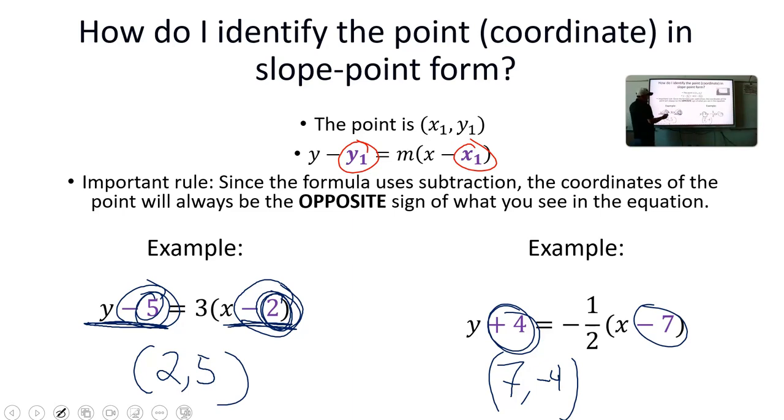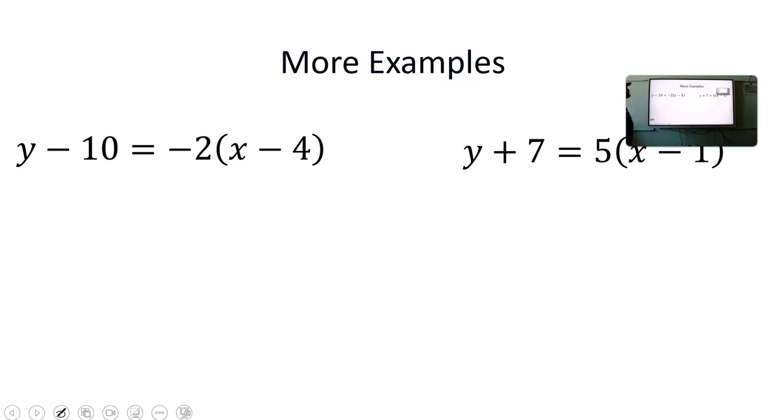So it's just whatever the opposite is of this. If it was a plus, like here we had a plus 4, that's why it was a negative 4. Here we had a negative 7, the opposite is a positive 7. So that's how we can find the point and the slope in point-slope form. So let's do a few more examples.